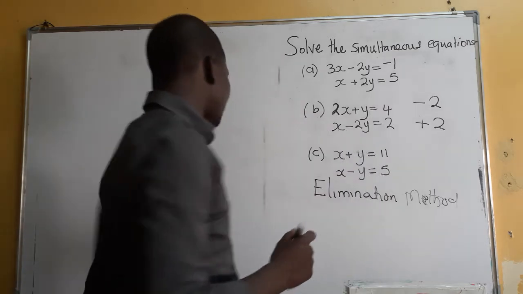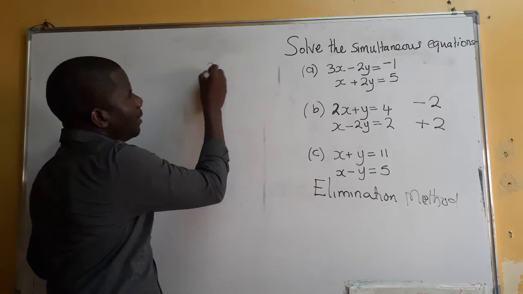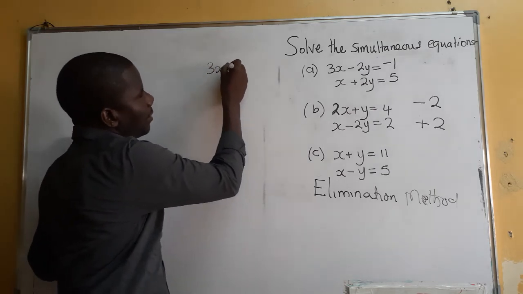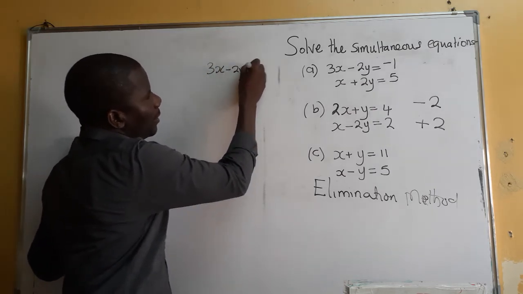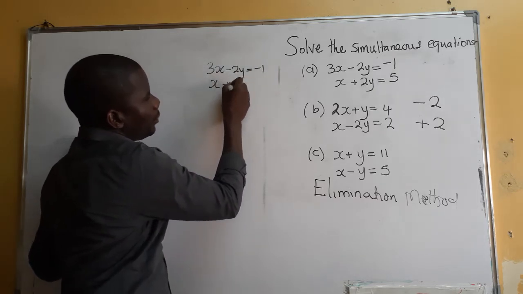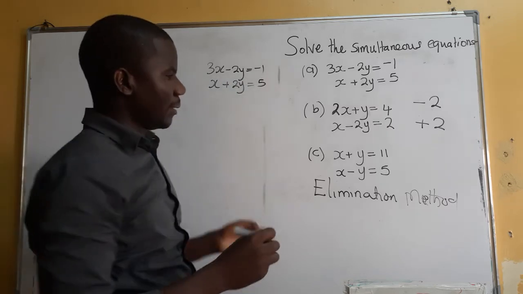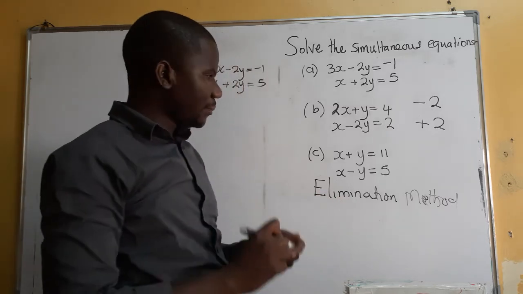So in this case, we are dealing with 3x minus 2y is equal to -1, and x plus 2y is equal to 5.